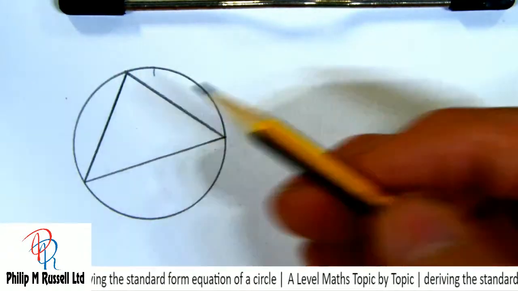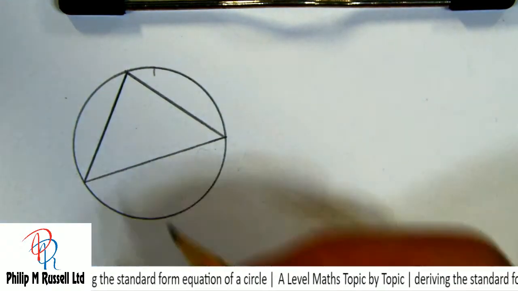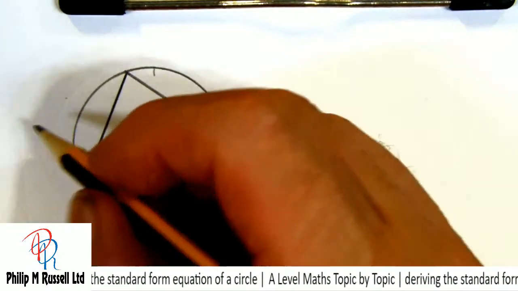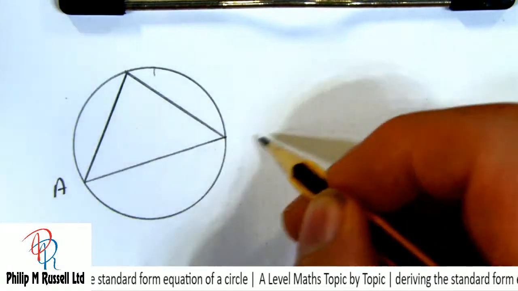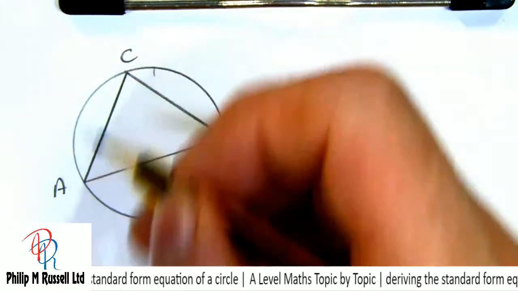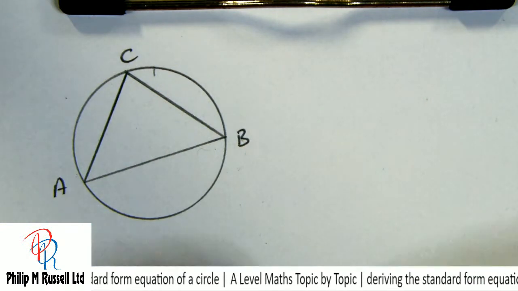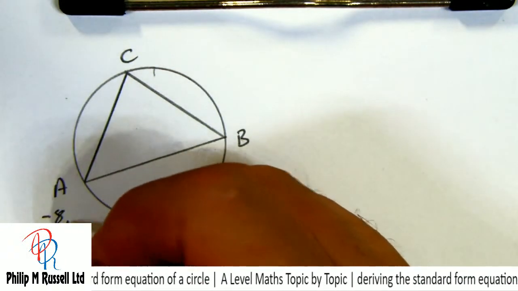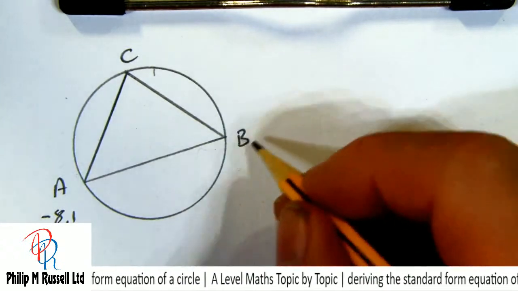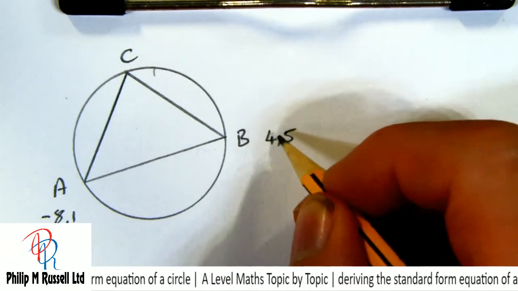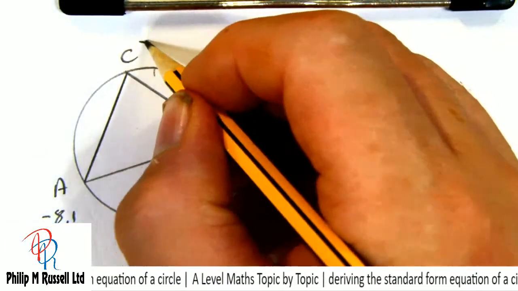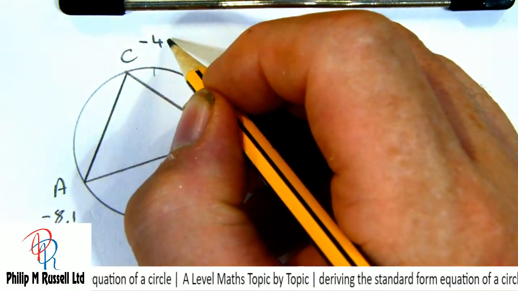There we are. Let's give this triangle some points. So let's call this one A, B and C, and we've got to give these some numbers: -8 and 1, 4 and 5, and -4 and 9.